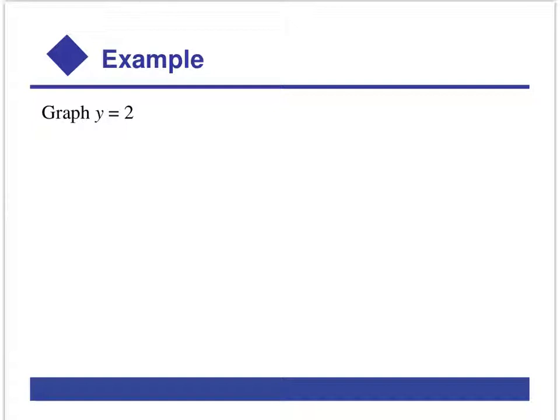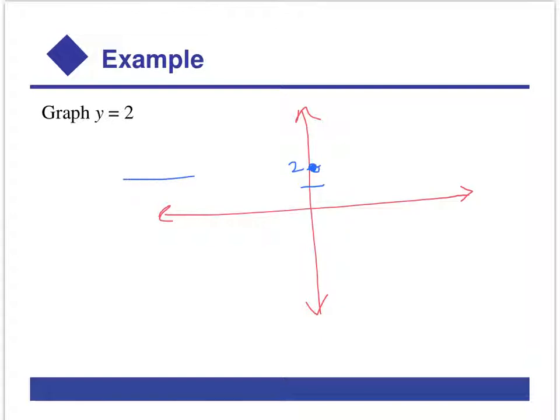If you have your x and y axis drawn out like this, and it says y equals +2, in this case it would be right here, that means that the line has to go through the y-axis at 2, and it creates a horizontal line. It doesn't matter what points we put in. So if you ever see y equals 2, you can just graph it like I did. It just goes right through the y-axis.